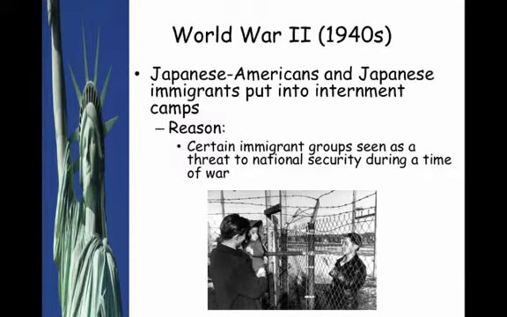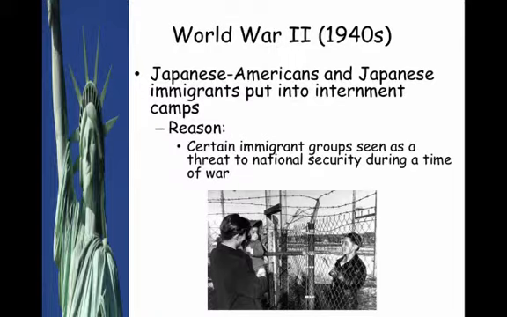During World War II, Japanese Americans and Japanese immigrants were put into internment camps. These were almost like prisons. And the reason this happened during the war, because of the surprise attack on Pearl Harbor, certain immigrant groups were seen as a threat to national security because it was wartime.